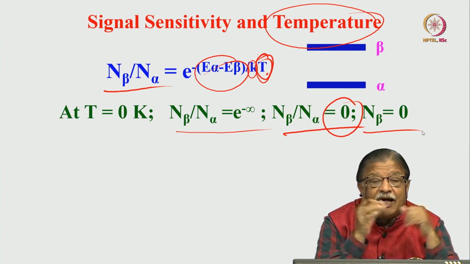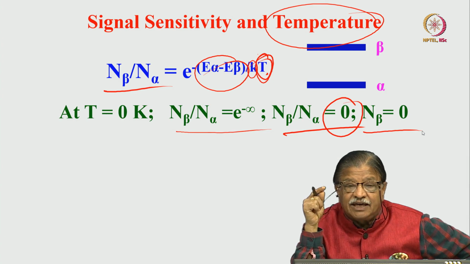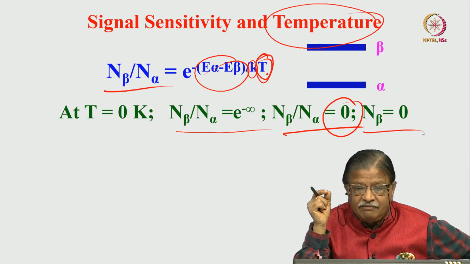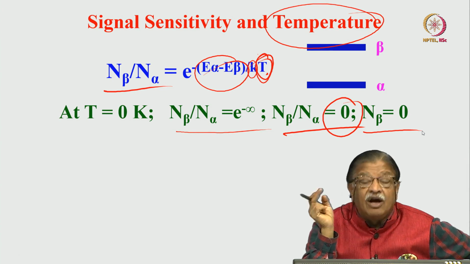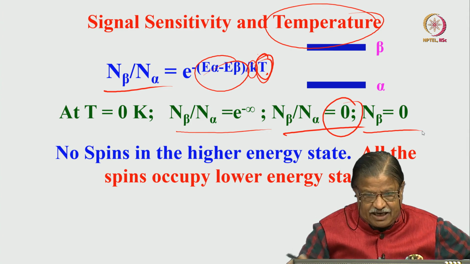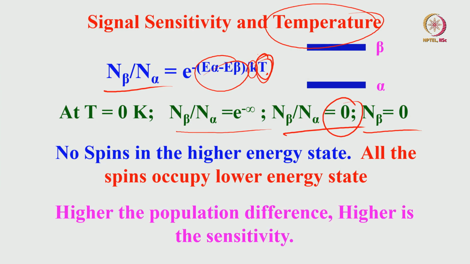That means the number of spins in the beta state, the higher energy state, is 0. What does it mean? It means all the nuclear spins are in the alpha state, the lower energy state. When all the spins are in the lower energy state, what is the advantage? The population difference is very high. That is what is going to happen.